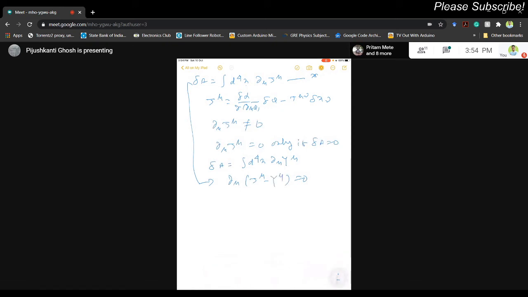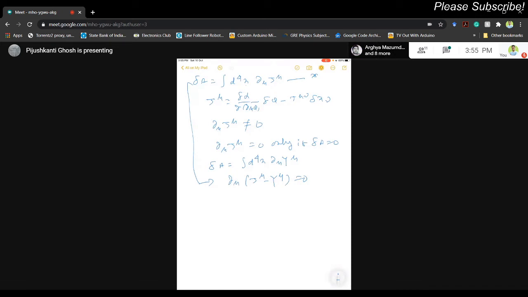Look, in the previous step, if delta A is equal to 0, then del mu J mu is equal to 0. But there is a possibility that delta A is not equal to 0, but it varies by a total derivative del mu y mu. Okay, so then from this equation I write this one.